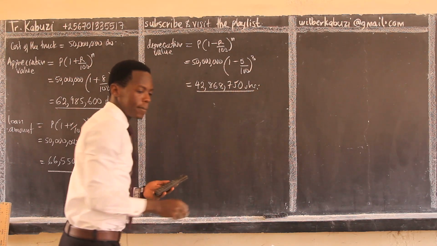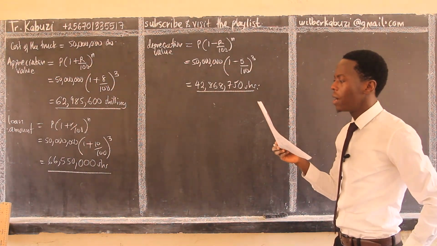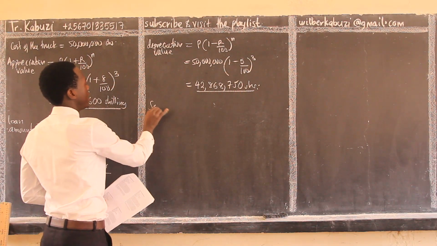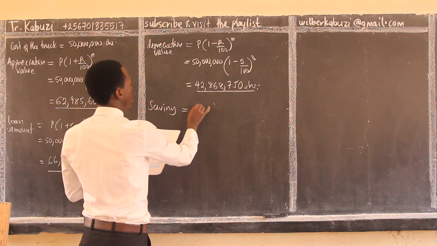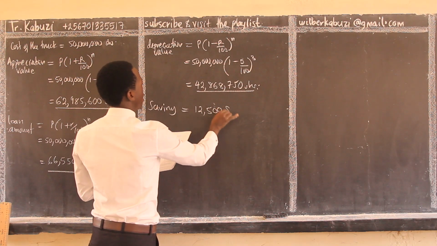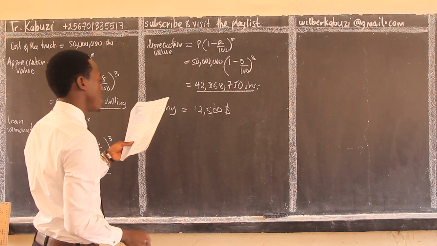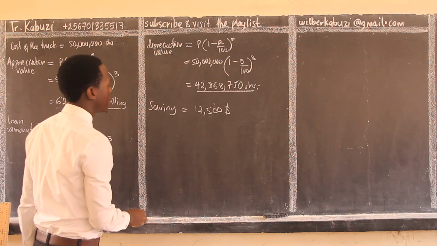So they are telling us that the SACCO has a saving equal to $12,500. So that's what they have in their saving, and the exchange rate is $1 equals 3,600 shillings.